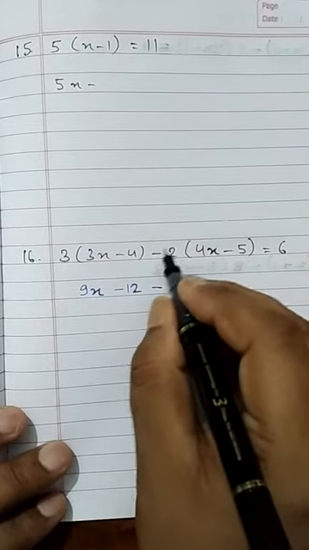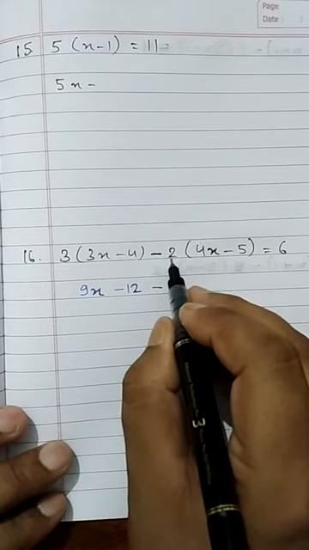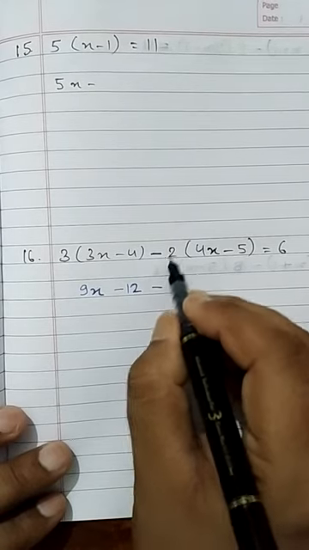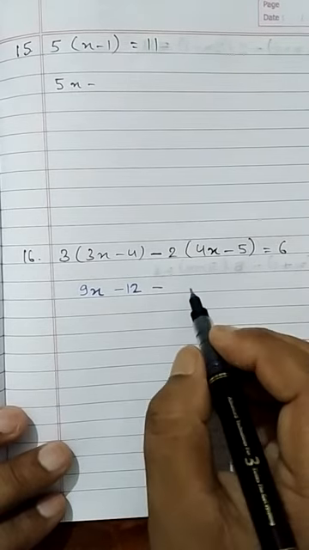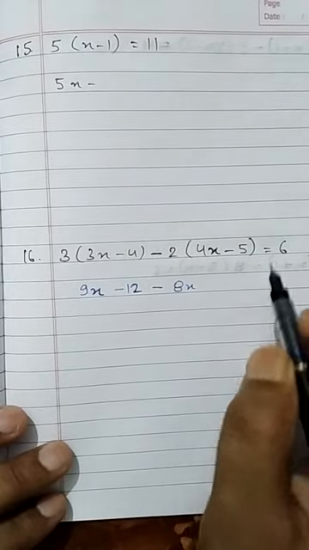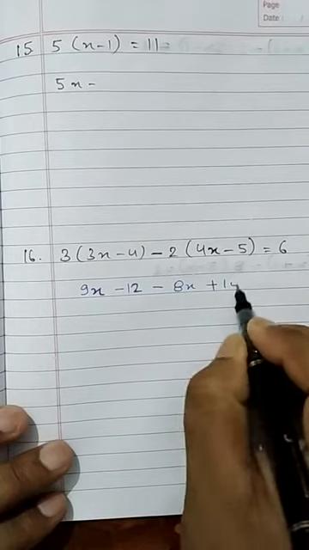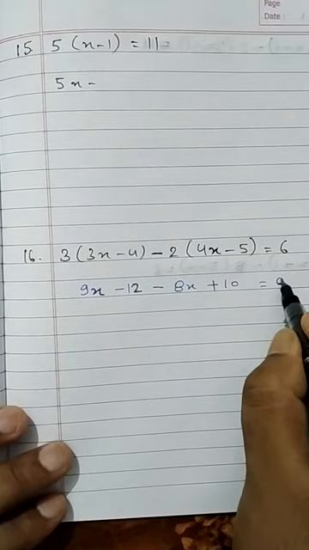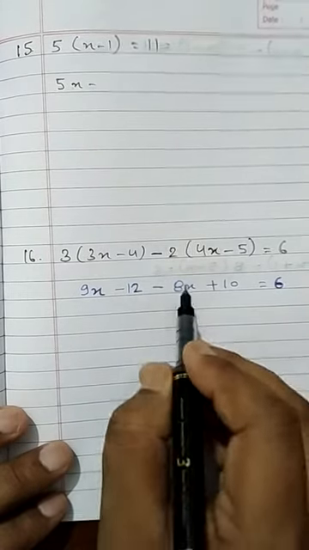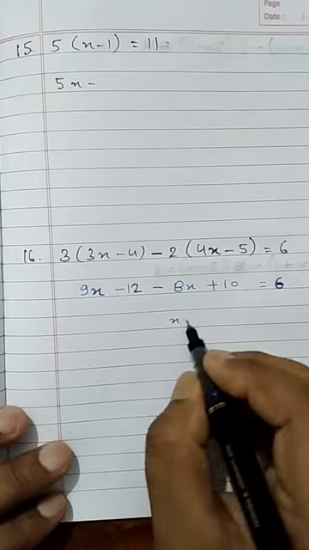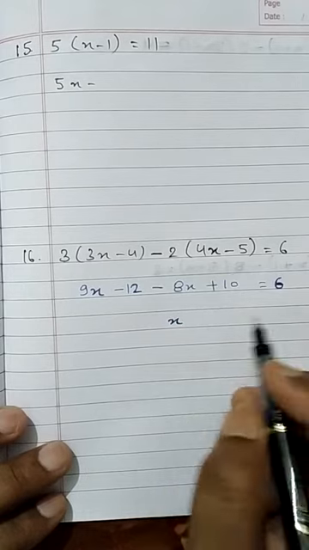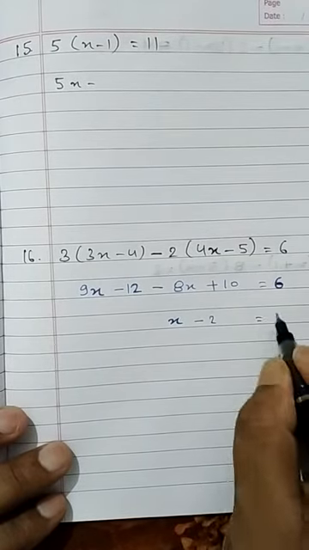Now this negative sign will change the sign of these two terms also. So minus 2 multiplied by 4x gives you minus 8x, and minus 2 multiplied by minus 5 gives you plus 10. Like this. Now 9x minus 8x gives you 1x, and 1 is not written. Minus 12 plus 10 gives you minus 2.